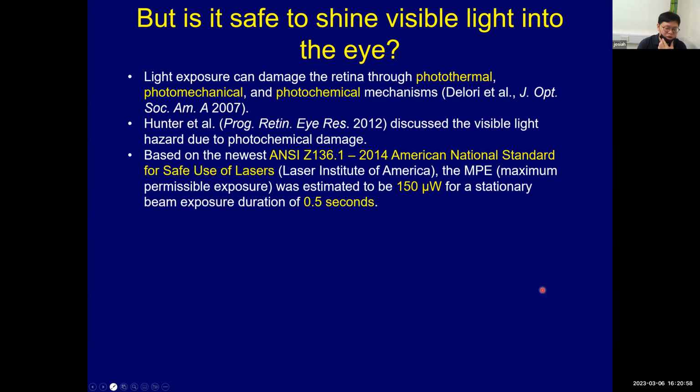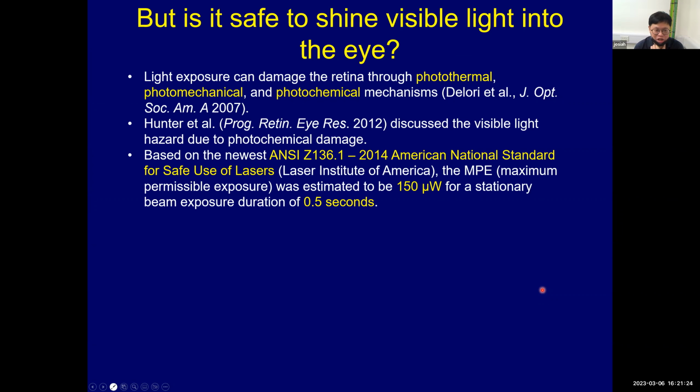A big question people ask is whether it is safe to shine visible light into the eye. The eye can be damaged by three mechanisms: photothermal, photomechanical, and photochemical. Based on the ANSI limit, we estimated that we can shine about 150 microwatt into the eye.